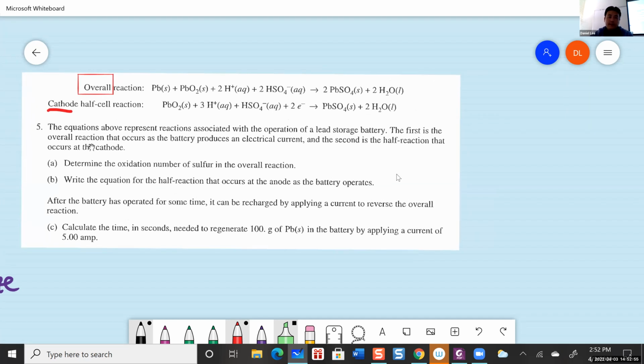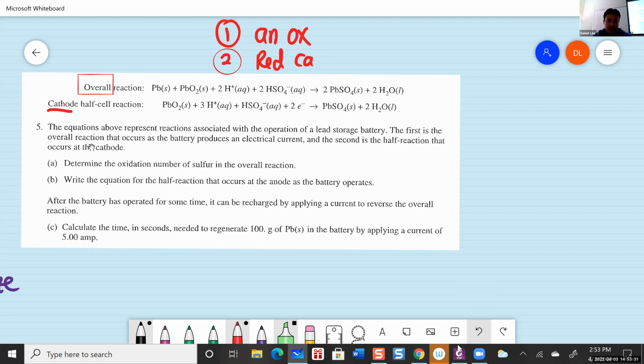So review: oxidation occurs on the anode, reduction occurs on the cathode. You have to memorize it. The way to memorize is an ox and red cat: the cathode is where reduction happens, so red cat, and oxidation is on the anode. So you can use Hess's law to find the anode half reaction because they give you the cathode one.